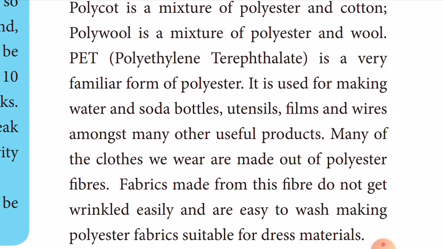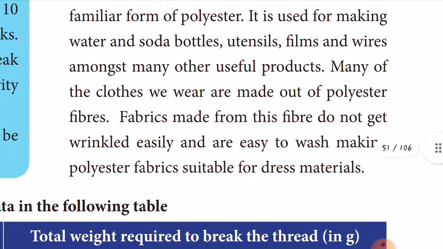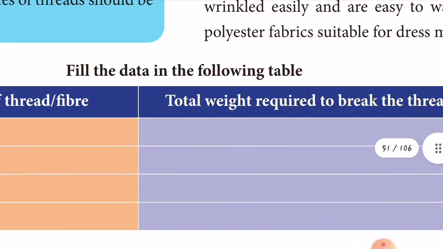And many of the clothes we are using are made up of what? Polyester fibers. Fabrics made up of these fibers do not wrinkle easily and are very easy to wash, making polyester fibers suitable for dress materials. How many of you have polyester material, children?